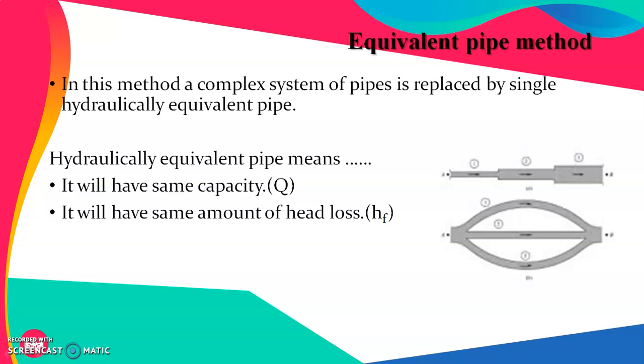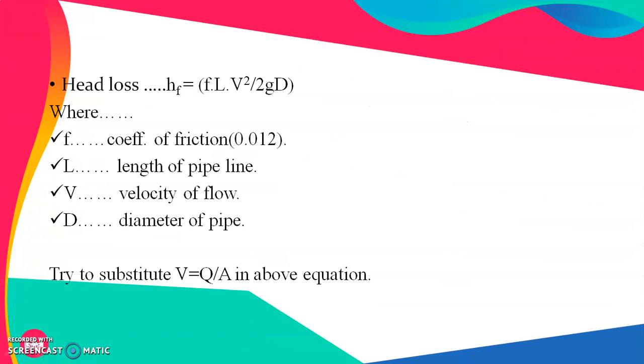Once again, these pipes might be placed as explained earlier in series or parallelly. So to avoid the complexity, we generally start replacing the set of pipes by one pipe, and in doing so we can reduce the total amount of complexity, and we even can calculate the total amount of head loss and the actual behavior of the system under the given flow. This is the basis of the equivalent pipe method.